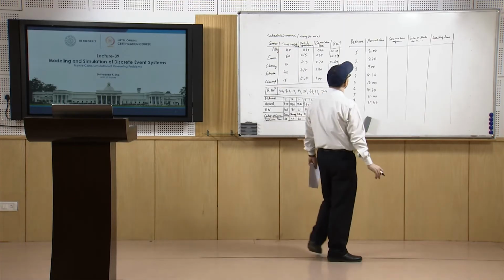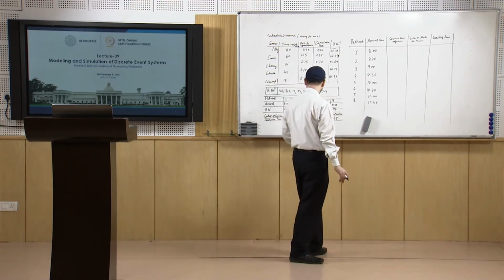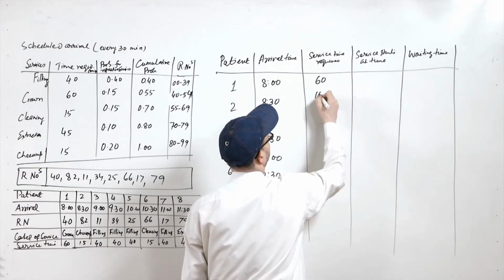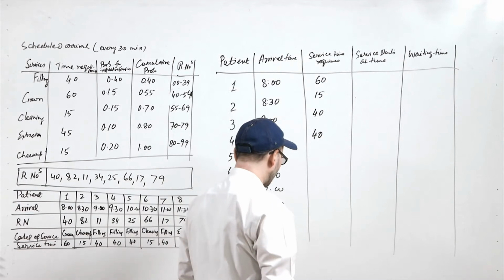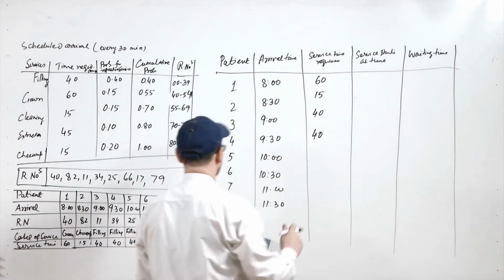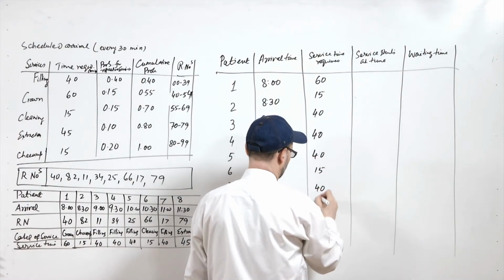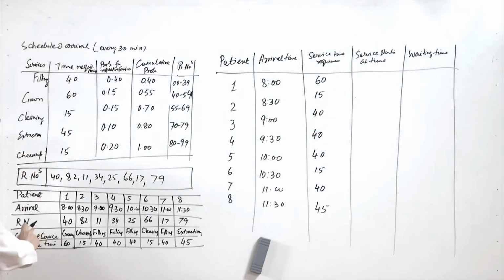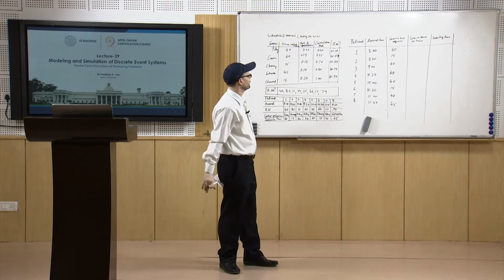So, the service times are 60, 15, 40, 40, 40, 15, 40 and 45. This time is already fixed for the particular job the patient is undergoing.